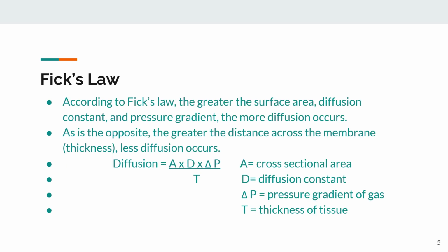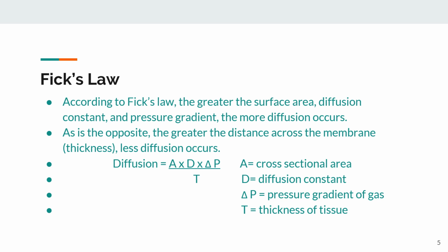Alright, so we're looking at Fick's law. Okay, Fick's law involves the surface area, a diffusion constant, a pressure gradient. We're looking at area, the diffusion constant, and then that change in pressure, or the pressure gradient, all divided by the thickness of the tissue.